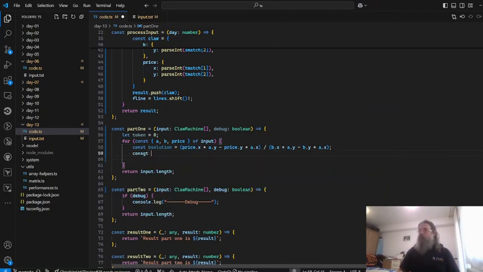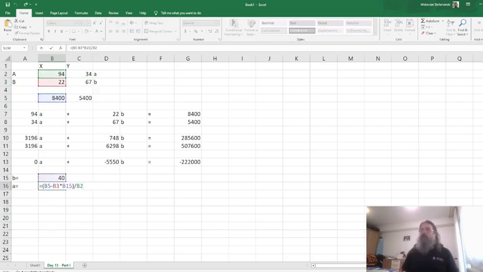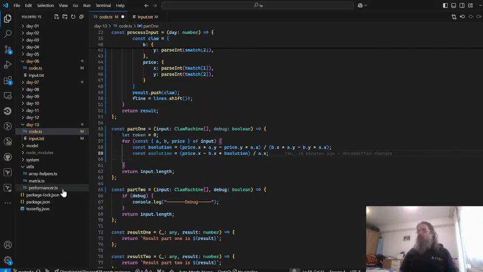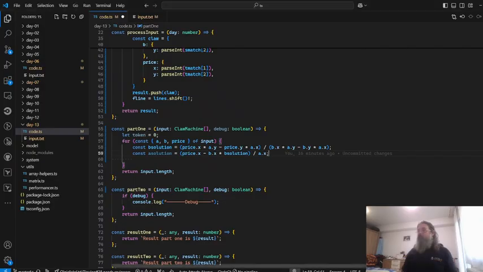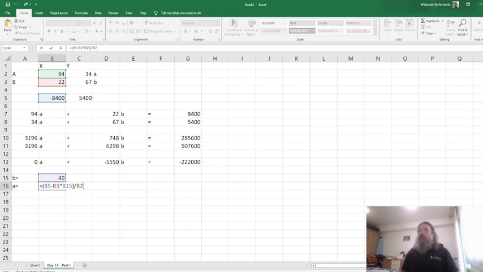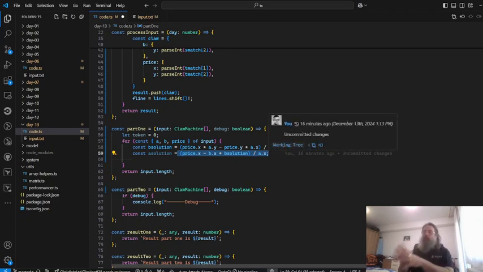But we can just rewrite it in that way that it's B5, which is the price.x, I think it got it right, minus B.x times the B solution divided by A.x. Note that this only works with the x's.